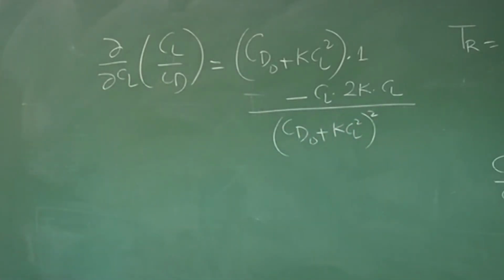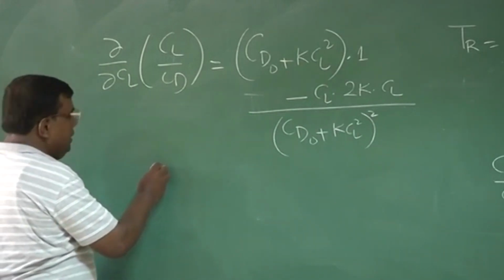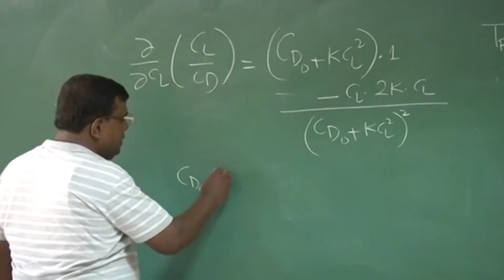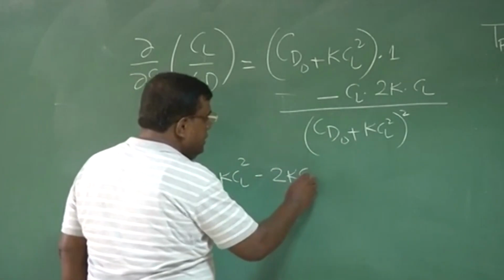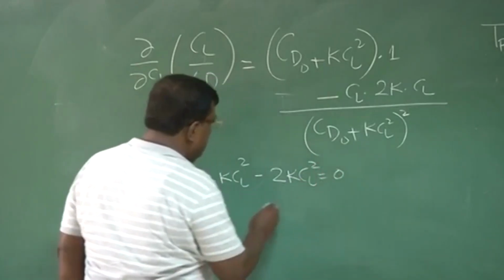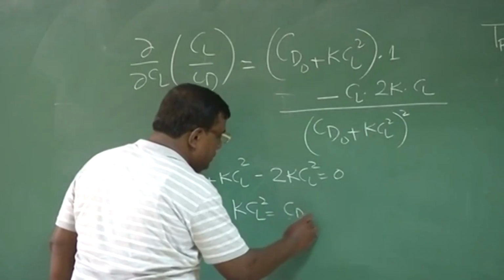And to see if it is a turning point or not, I equate this equal to 0. So I find CD naught plus K CL square minus 2K CL square equal to 0. So I get a condition K CL square equal to CD naught.